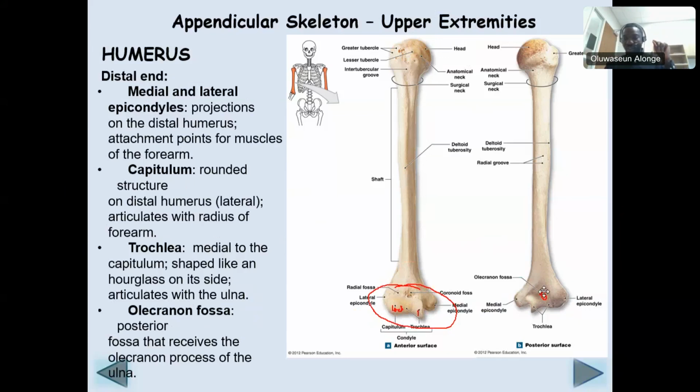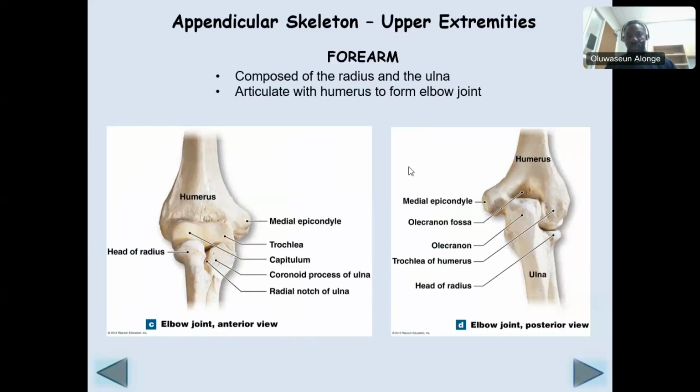So think about it. The olecranon on the ulna fits into a depression on the humerus, and that is why we call the depression the olecranon fossa. All right. Now, here is what we have. The forearm is composed of the ulna and the radius, and it articulates with the humerus to form the elbow joint.